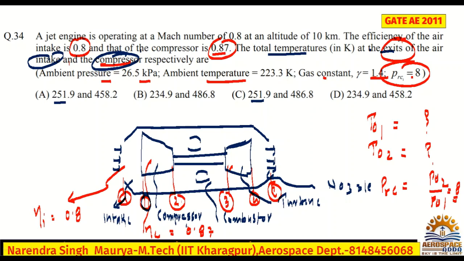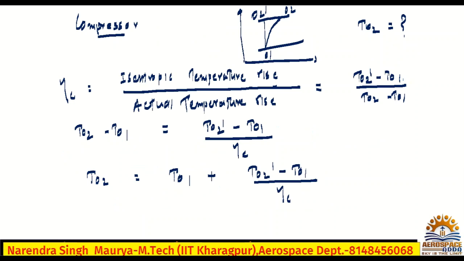Now we can write this as T01 as usual plus, taking T01 common, T02 dash divided by T01 minus 1, by eta C. Okay. What is T02 dash by T01? This is the temperature ratio across the compressor, which will be equal to the isentropic relation, because this is the isentropic temperature rise.